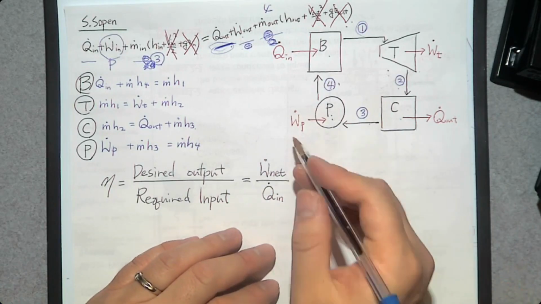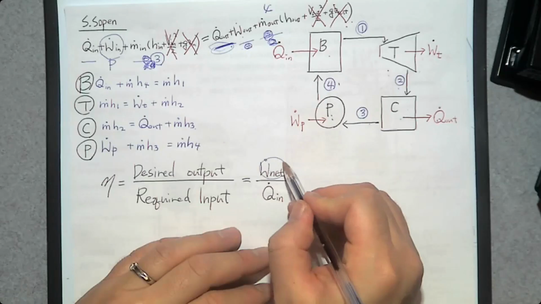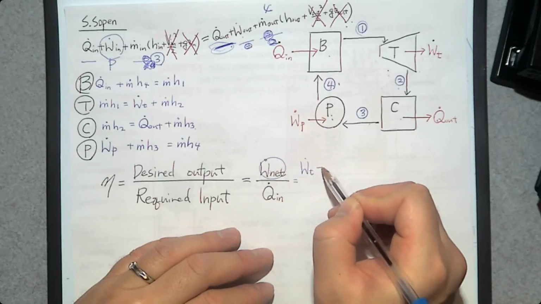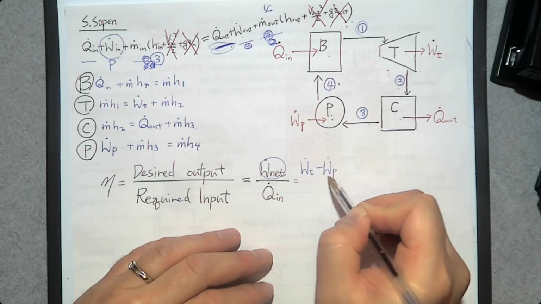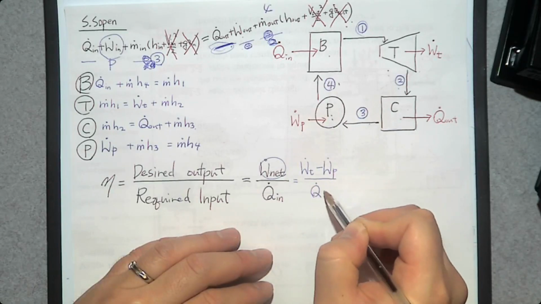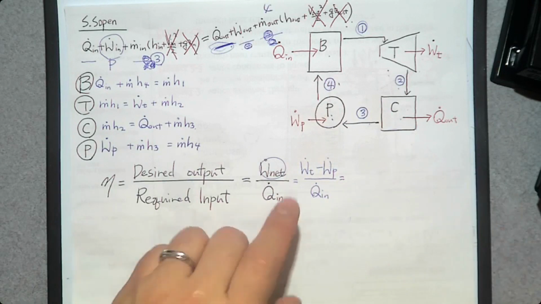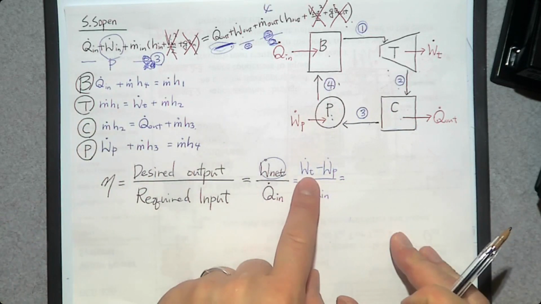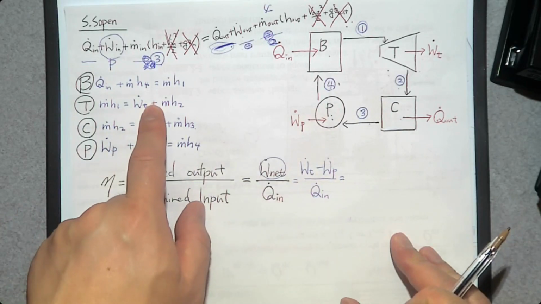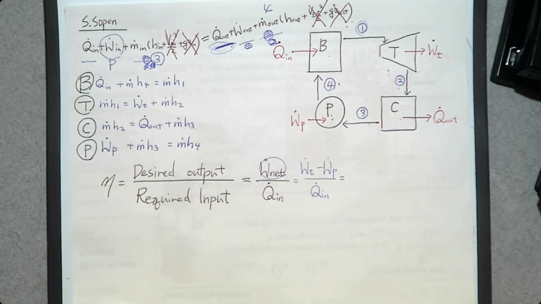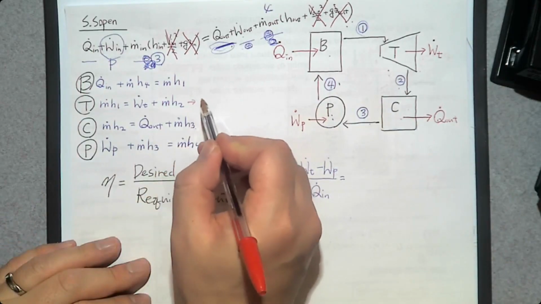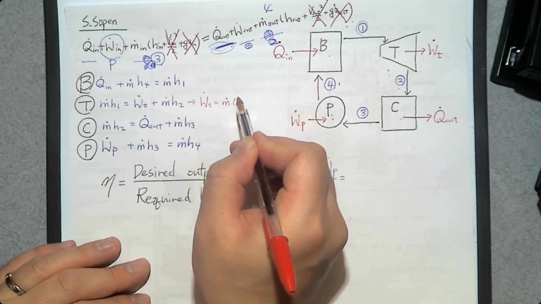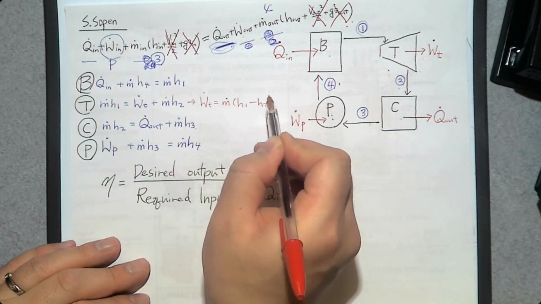By the way, this net power is going to be W dot T minus W dot P, over Q dot in. According to this energy balance equation, W dot T is m dot (h1 minus h2), right?